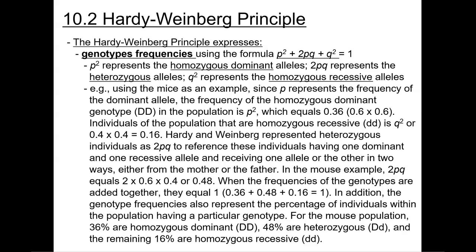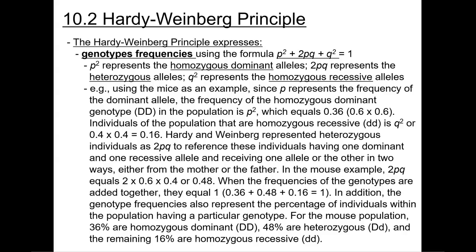The frequency of the homozygous dominant genotype, capital B, in a population, p squared, is going to equal 0.36. So you take 0.6 times 0.6. Individuals of a population that are homozygous recessive, or two little b's, is going to be q squared, or 0.4 times 0.4, which gives 0.16.